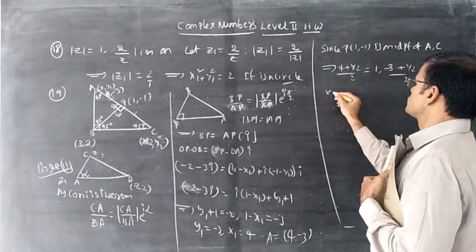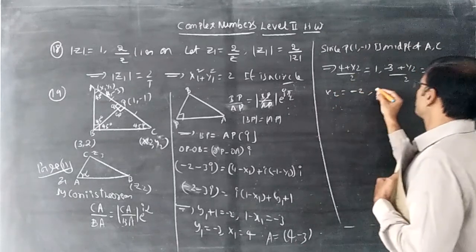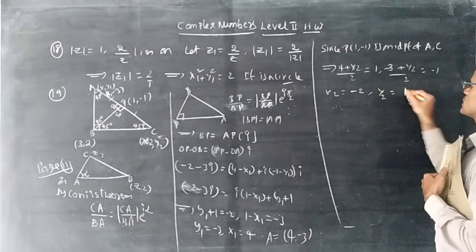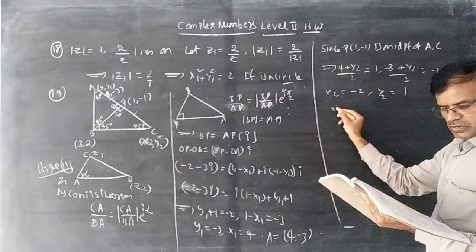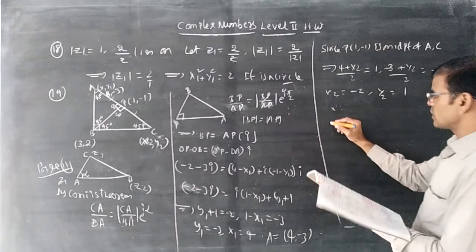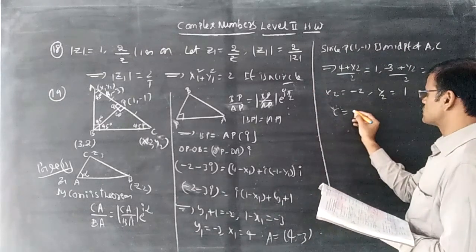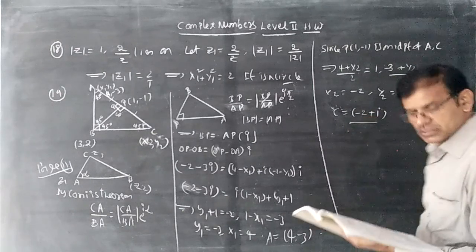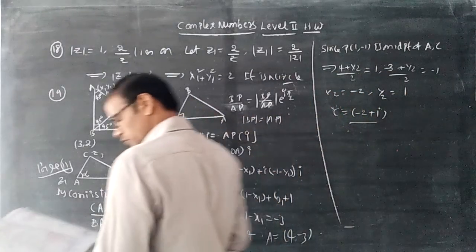So x2 is equal to 2 minus 4, becomes minus 2, and y2 is equal to minus 2 plus 3, becomes 1. So C you can mention as minus 2 plus i. Minus 2 plus i. So we got the second option. Of course, verified here only.